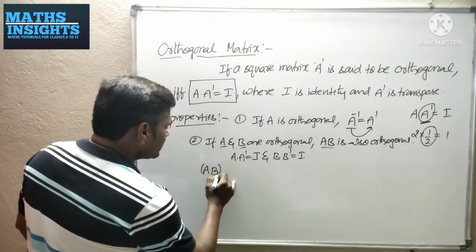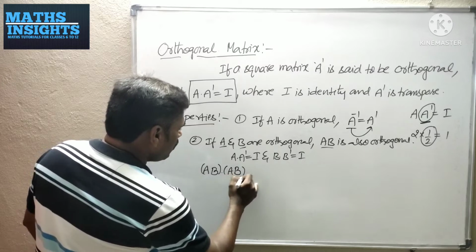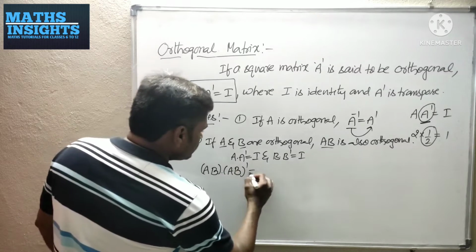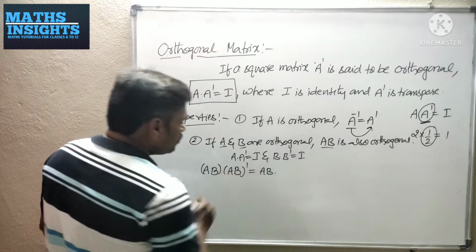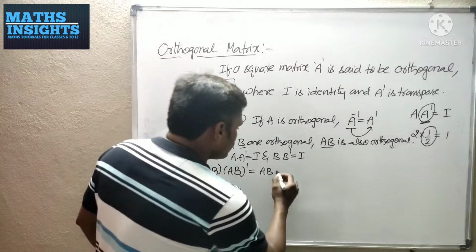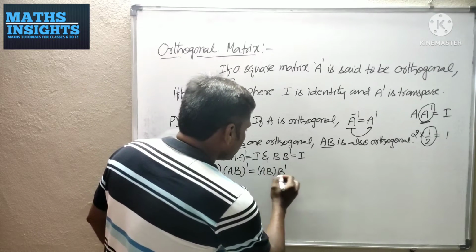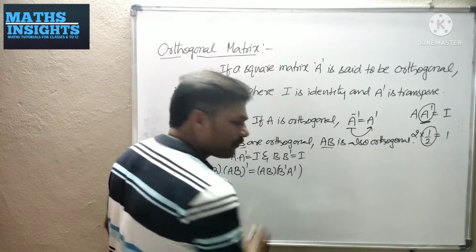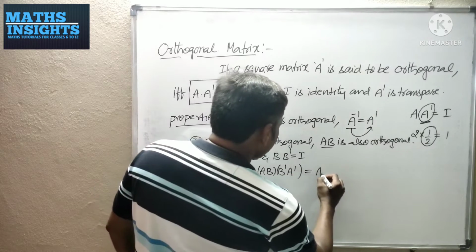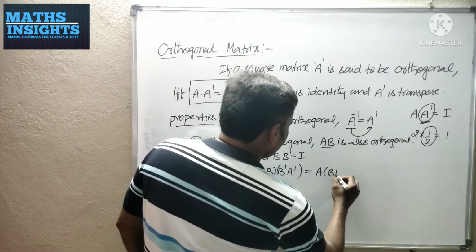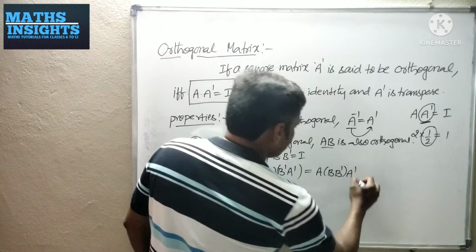AB into its transpose means AB whole dash. That is equal to AB into, you know that AB whole dash is equal to B dash into A dash. You can write it as A into B into B dash into A dash.